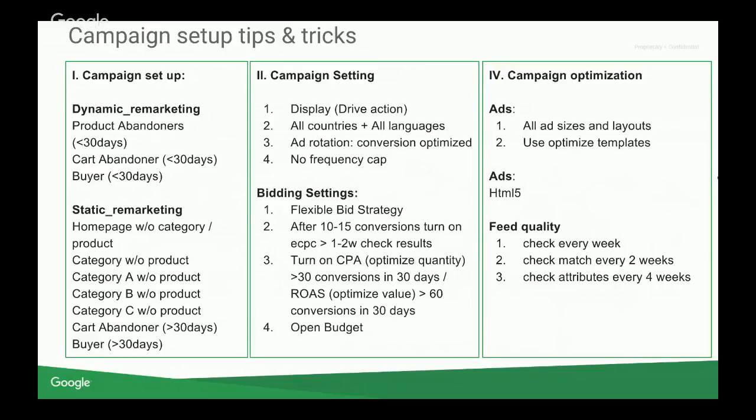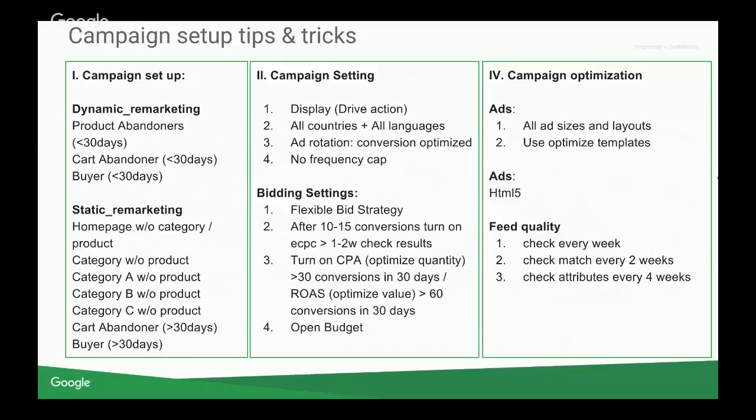And if you have more than 60 conversions in the last 30 days, and we are hoping for this scenario, we highly recommend you to set your targeted ROIs, or the return on the advertising spent. The budget, of course, depends on you, but don't be so constrained when it comes to budget, because once you see the results, you can leave the budget open and basically just optimize for the CPA or for the ROIs.